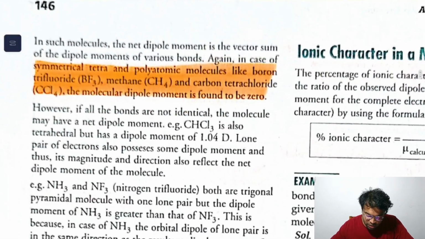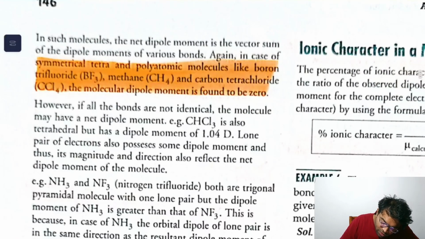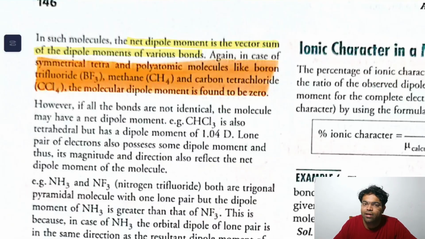You will learn more about this later. In such molecules, the net dipole moment is a vector sum of the dipole moments of various bonds. Luckily for us, we know how to calculate vectors, right? In the case of symmetrical polyatomic molecules like boron trifluoride, methane, and carbon tetrachloride, the molecular dipole moment is found to be zero.